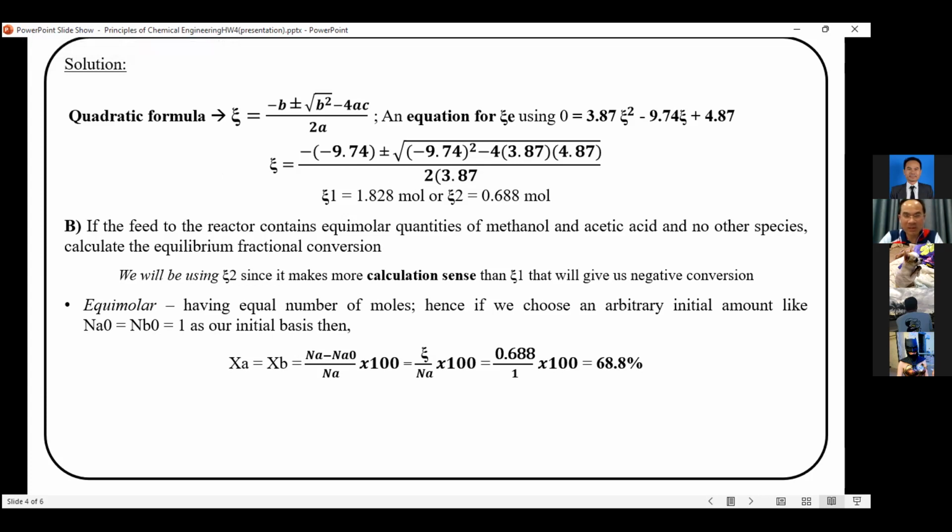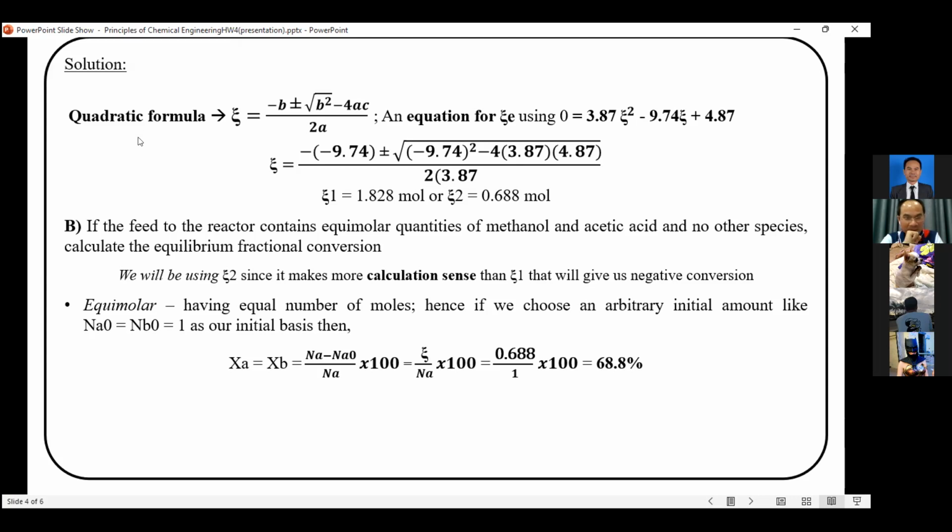Only psi 2, 0.688, is possible because it makes a positive conversion. If you use 1.828, it makes a negative conversion, which is not possible in the real system. The mathematics and the real world you have to consider carefully, because there are two possible solutions mathematically, but in the real world only one solution, the positive.